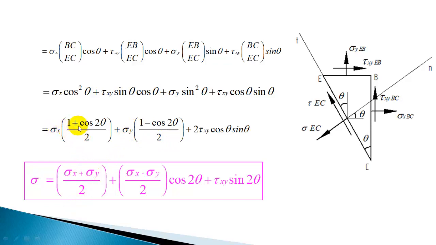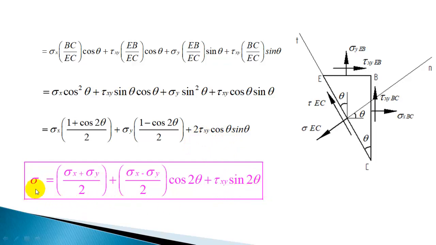Now sigma x by 2 into cos 2 theta minus sigma y by 2 cos 2 theta, so cos 2 theta is common. You get sigma x minus sigma y by 2 into cos 2 theta. And 2 cos theta sin theta you can replace as sin 2 theta, so tau xy sin 2 theta.